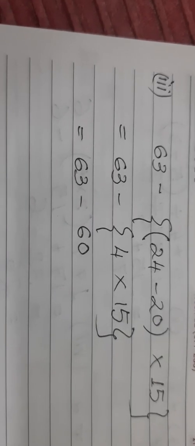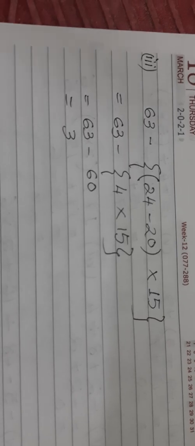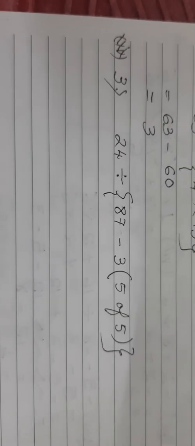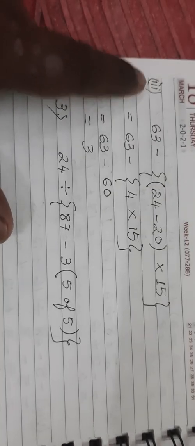The next step is doing 63 minus 60. 63 minus 60 is 3. So the answer is 3. Okay, now let us go and do the fourth part. I'm sorry, there is no fourth part. The next is question number 3. Question number 2 was only till part 3.